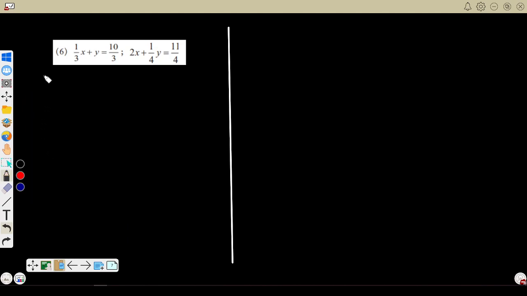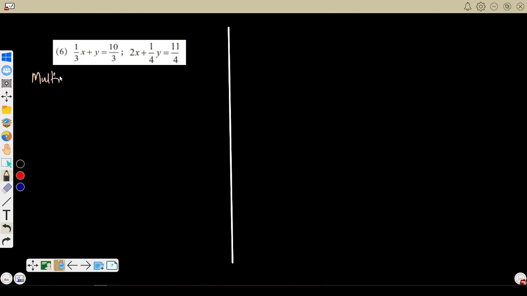Again, we have two equations, but if you observe, this is a bit different equation. The coefficients of x and y in both the equations are in terms of fraction. So remember this, if you have equations of this type, you will modify the equations. You will try to eliminate the fraction term. So before solving this, we will modify the equations.